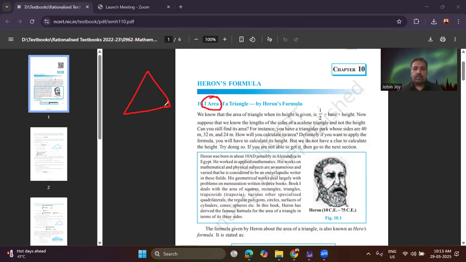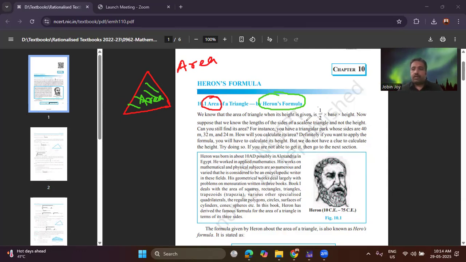What is the area of a triangle? Using this formula, you can calculate the area of a triangle. And the formula is called Heron's formula.